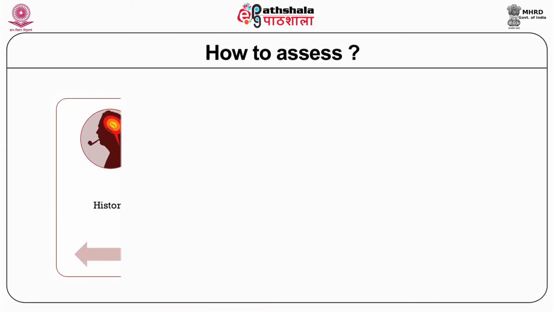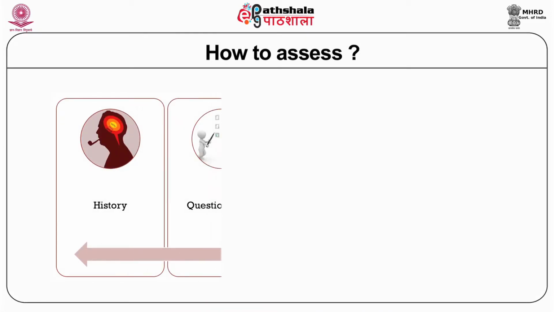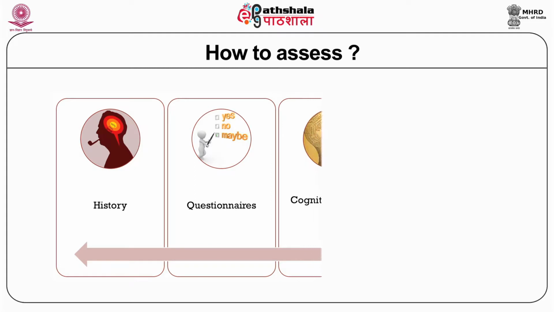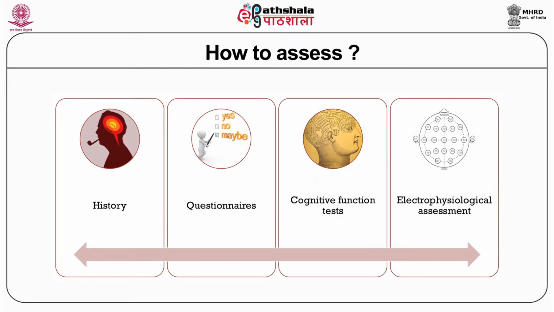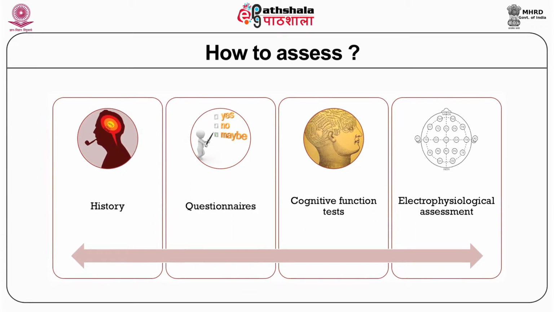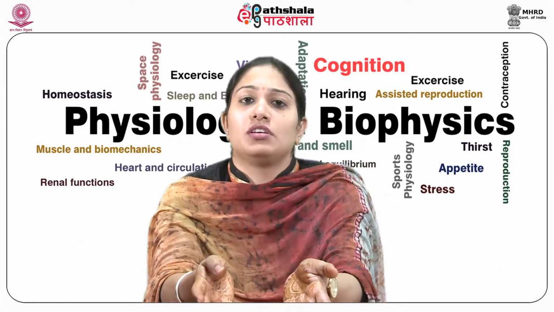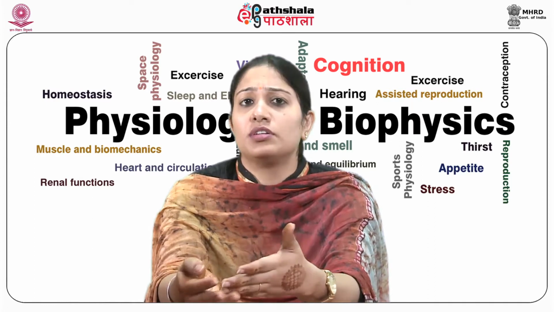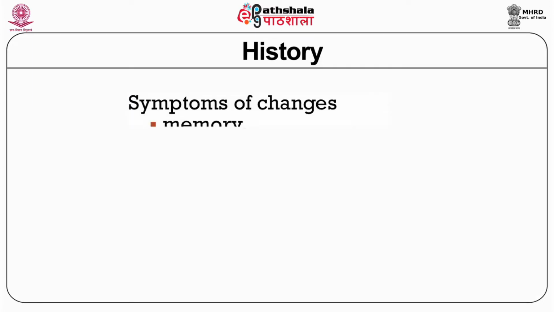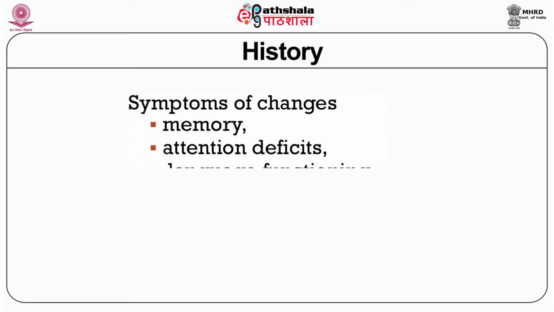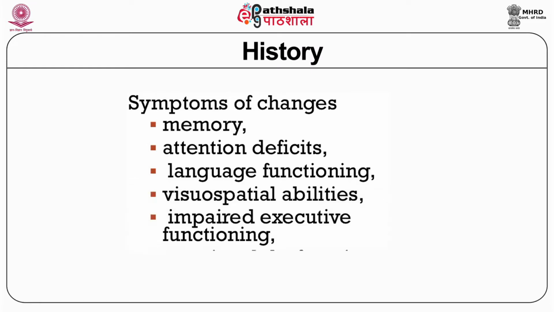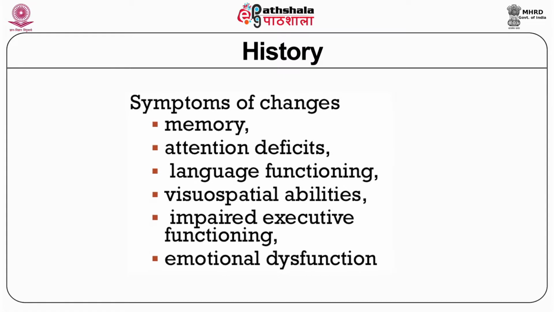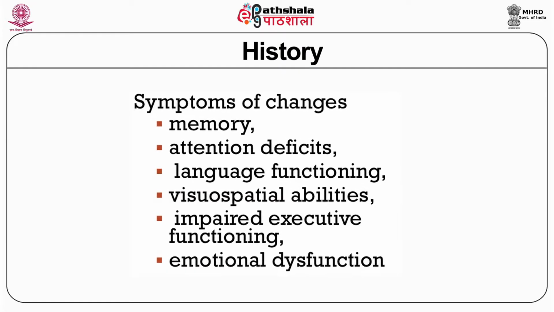So, now cognition can be assessed using clinical history, questionnaires, cognitive function tests and electrophysiological studies. So what in history? We can actually record the symptoms of changes in memory, in attention, in language, in visuospatial abilities, impaired executive functions or emotional dysfunction.